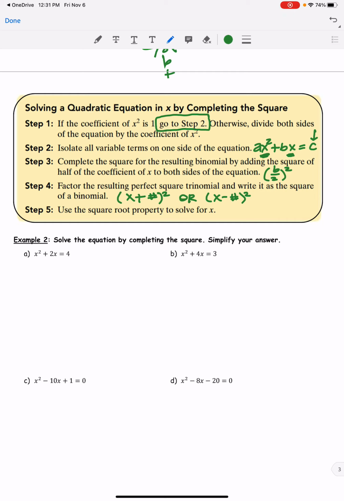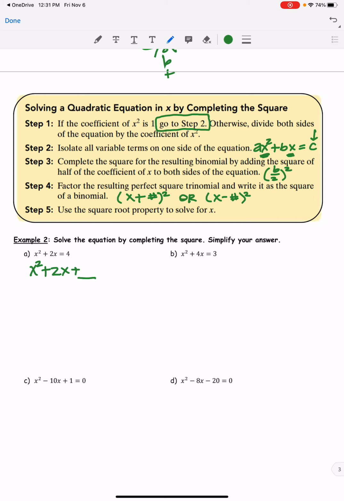So, example 2, solve the equation by completing the square, simplify your answer. Even if it doesn't say simplify your answer, anytime you can, just get in the habit of doing it. So, x squared plus 2x equals 4, it's already in the correct form, so we're on step 3. So I've got x squared plus 2x plus something equals 4.